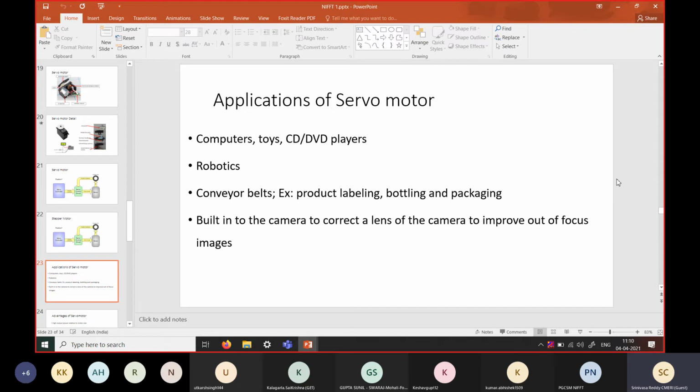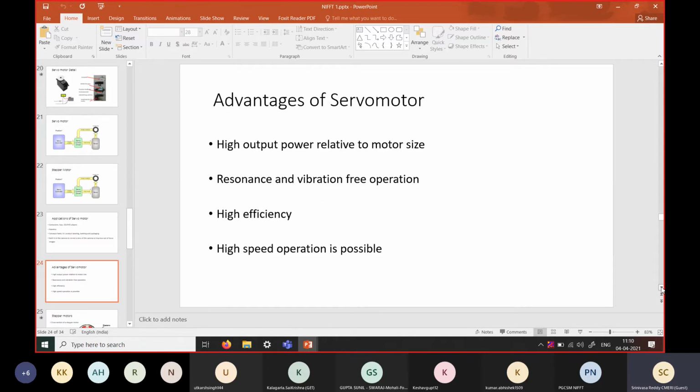It can also be seen in very small devices like cameras, even cell phones. We can see that there are very small motors which just move the lens forward or backward to make the focus right. These are all called servo actuators, servo motors, and the mechanism is called servo mechanism.